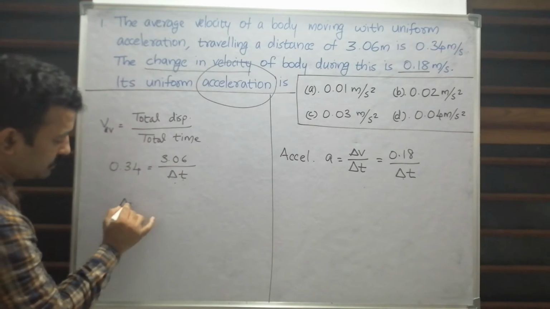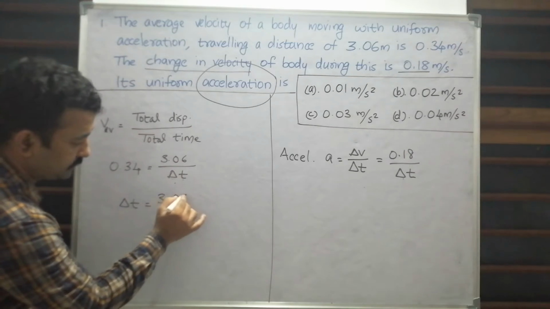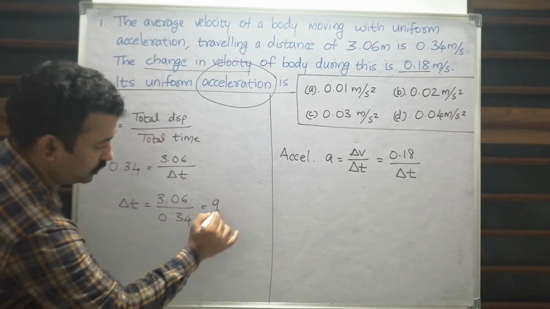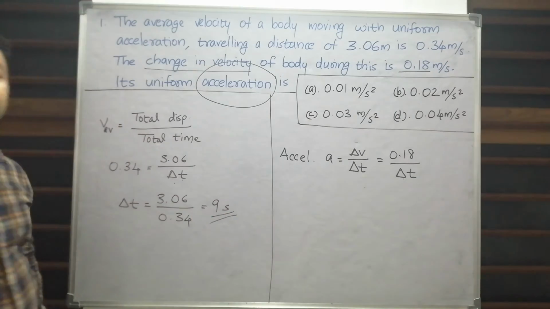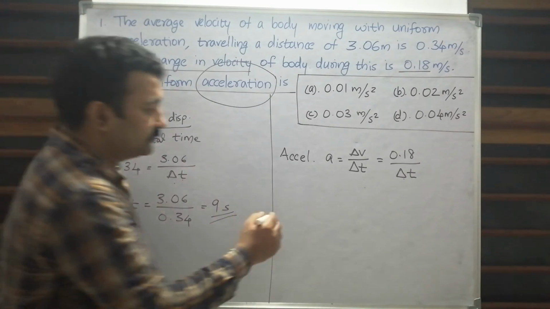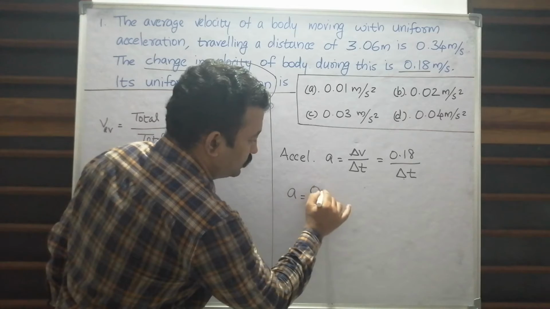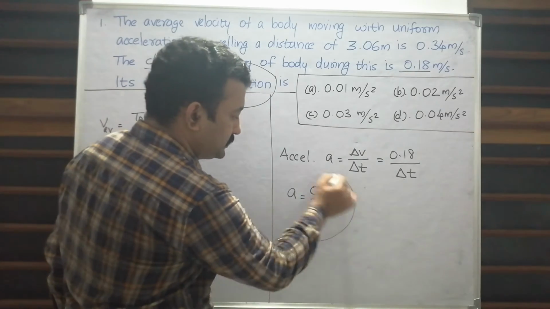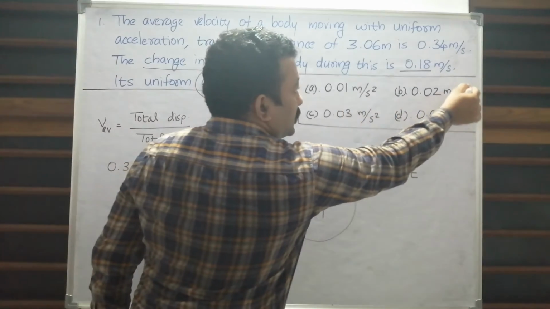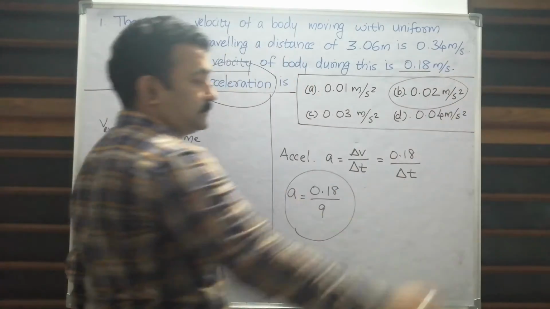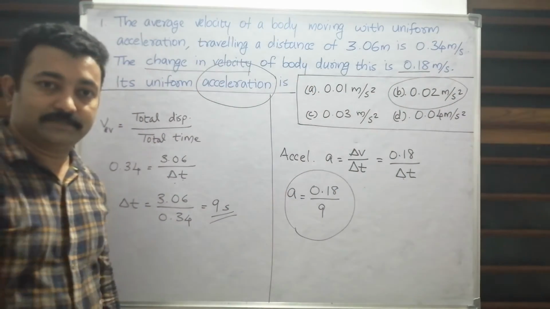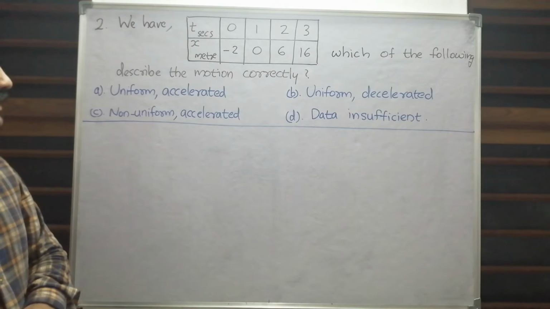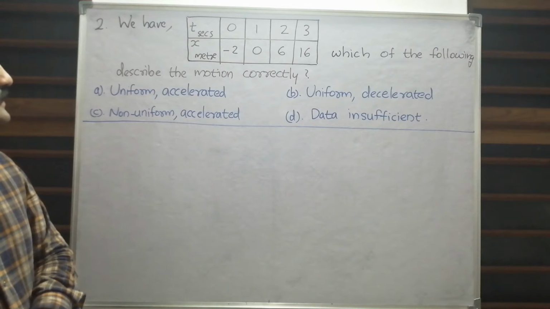Delta t is 3.06 divided by 0.34, which is equal to 9 seconds. Substituting into the other, a is equal to 0.18 divided by 9, which is nothing but 0.02 meter per second square. That's our answer.